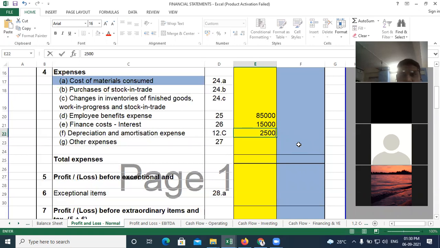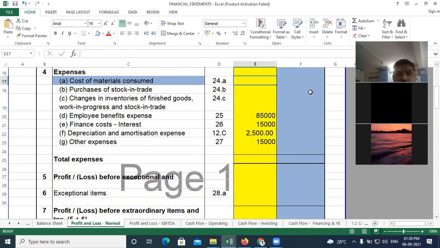Then other expenses, like I spoke to you: conveyance, telephone bill, discount, bad debts, carriage outward, godown rent, factory rent, office rent, and advertisements. This falls under the category of other expenses. Suppose the material consumed is 5 lakh rupees, stock in trade 25,000, changes in inventory 13,000. All these expenses will be added up.